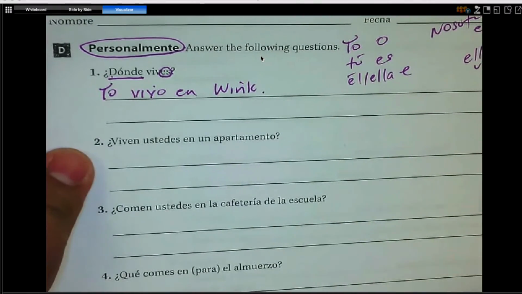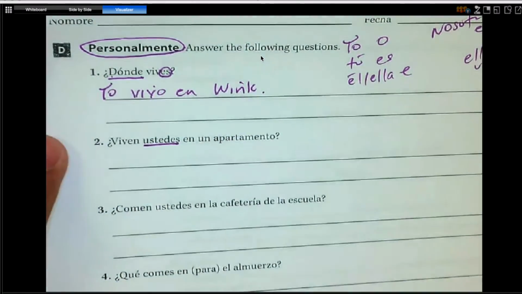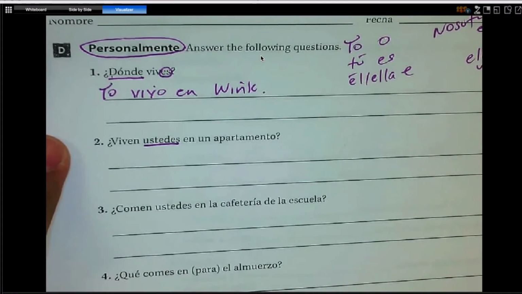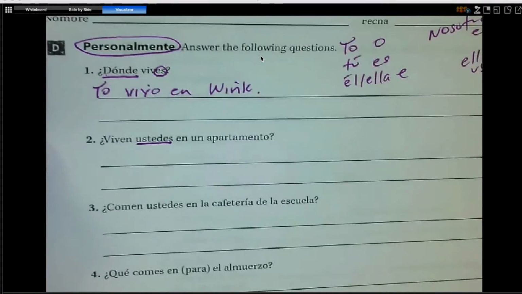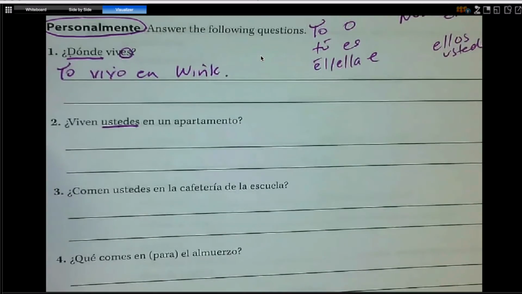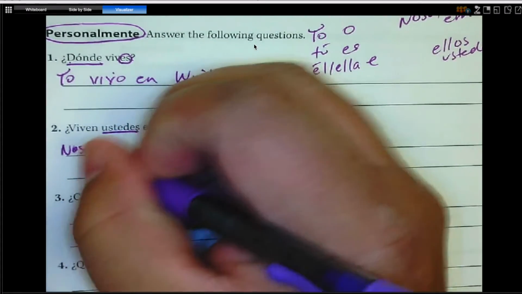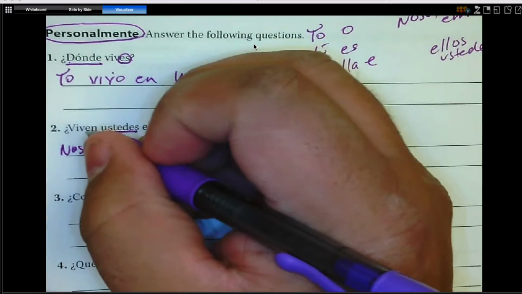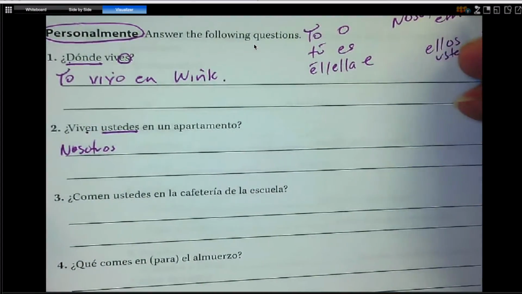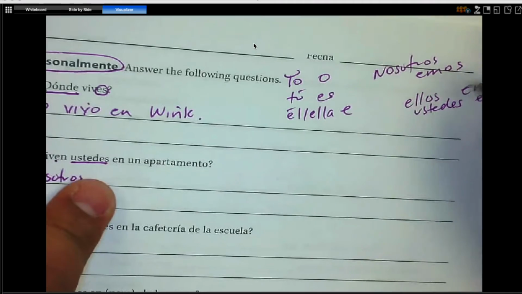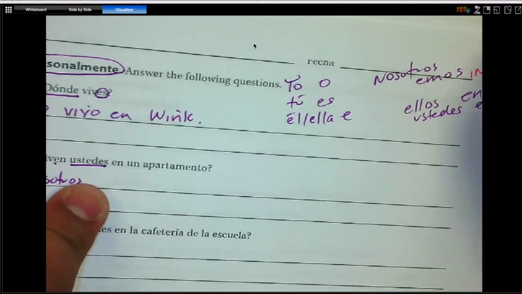Do y'all? It's asking, do y'all? Pay attention on that. So if I ask y'all, where do y'all live? Then you would say we live, right? So we is the subject, nosotros, and that vivir is an IR verb. So we know that the only difference is that the we form is imos.